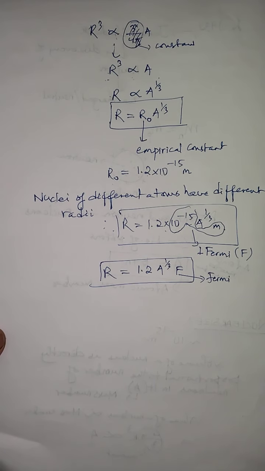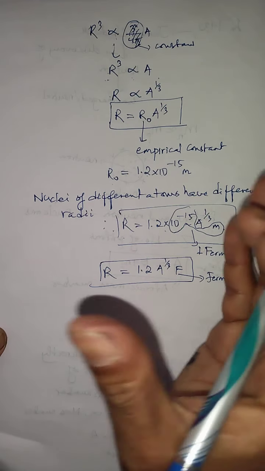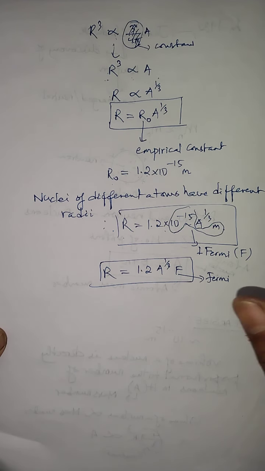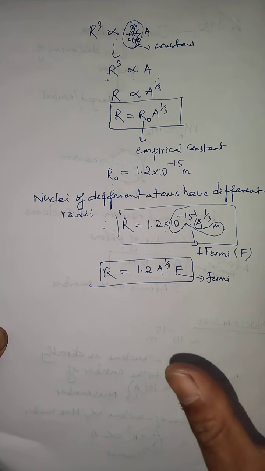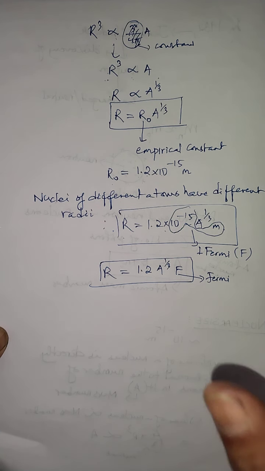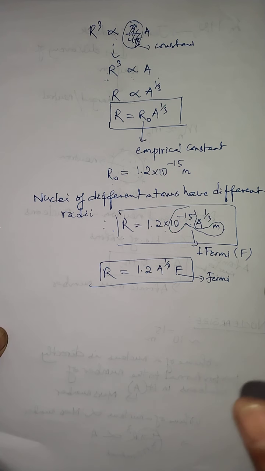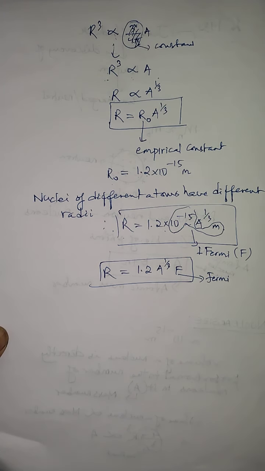Other than nuclear size, there is also nuclear shape. As you have come to know, the shape of the nucleus of all atoms is almost considered to be spherical. So for almost all purposes, nuclei are considered spherical in shape. Certain nuclei, however, deviate from sphericity, but this deviation is very, very small.